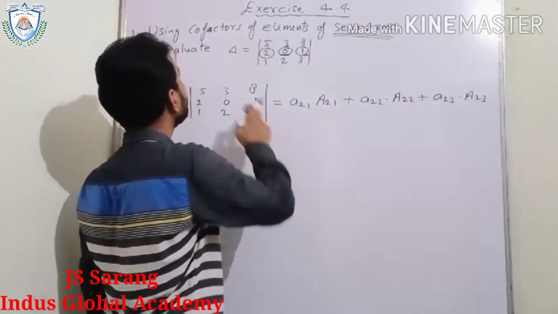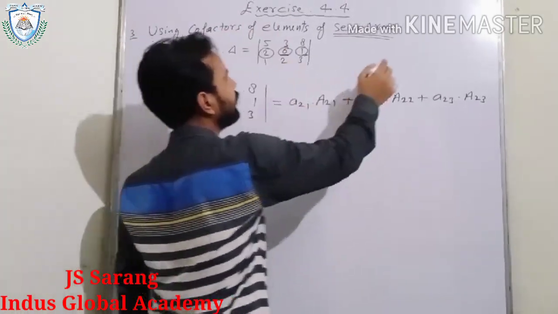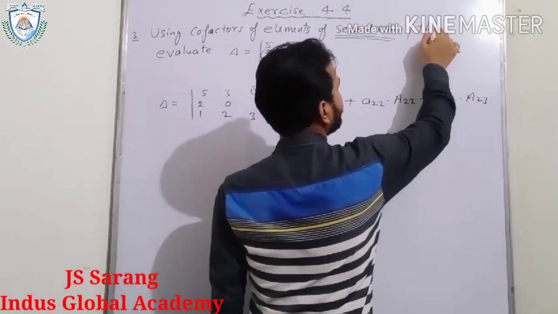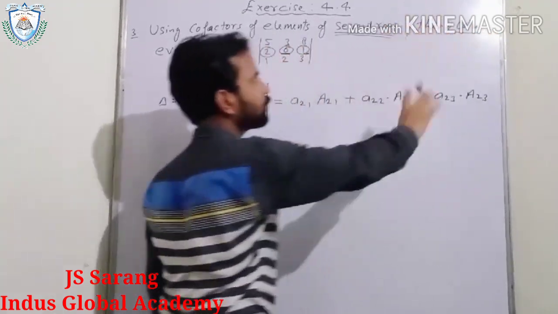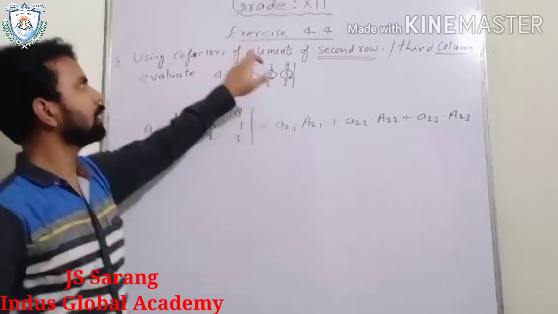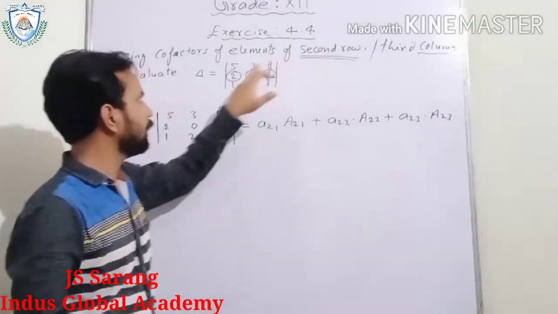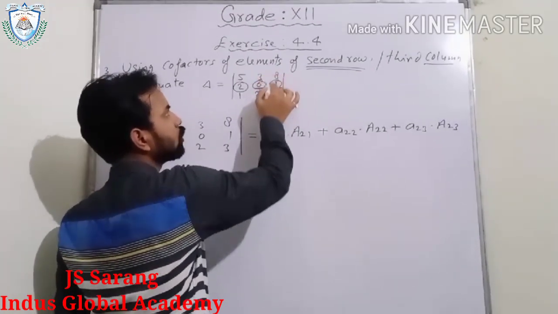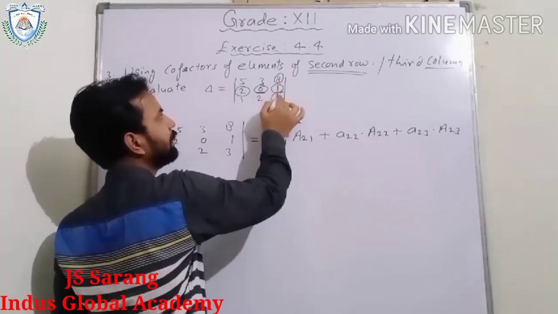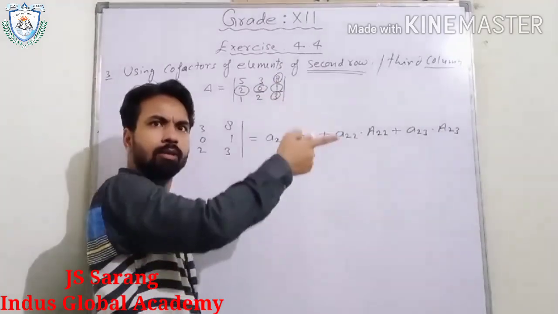Suppose the question says using the cofactors of elements of the third column, evaluate this. The third column is this, so we will use these three elements and their cofactors.